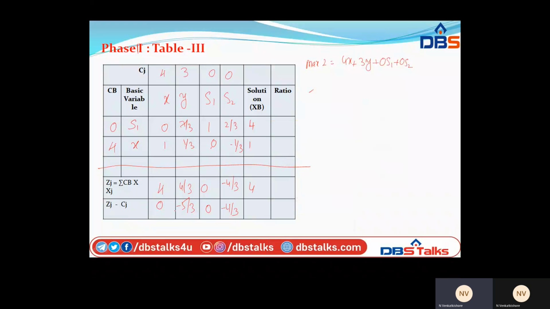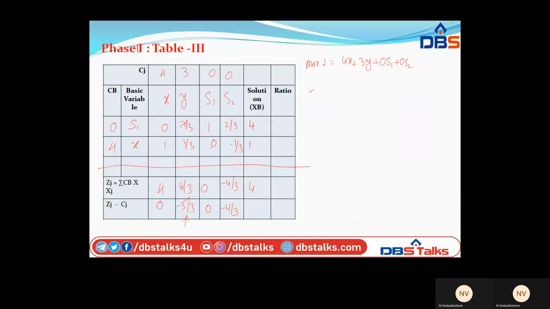Zj minus Cj is to be greater than or equal to 0. But here minus 5 by 3 is there, minus 4 by 3 is there. Then which is the most negative value? Here the denominators are the same but the numerators are different. Which one is the highest? That will be the most negative value. So this is the highest value.